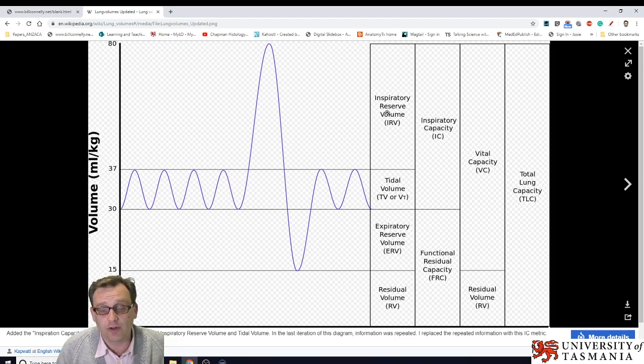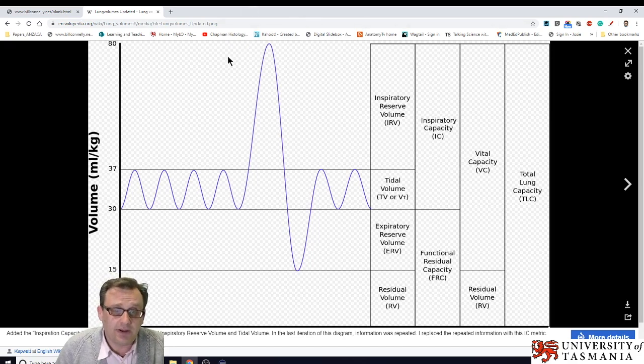It's the reserve volume, the extra volume that we can make use of when we're breathing in, above and beyond what we would normally be using just at rest when we're sitting there, calmly relaxing.